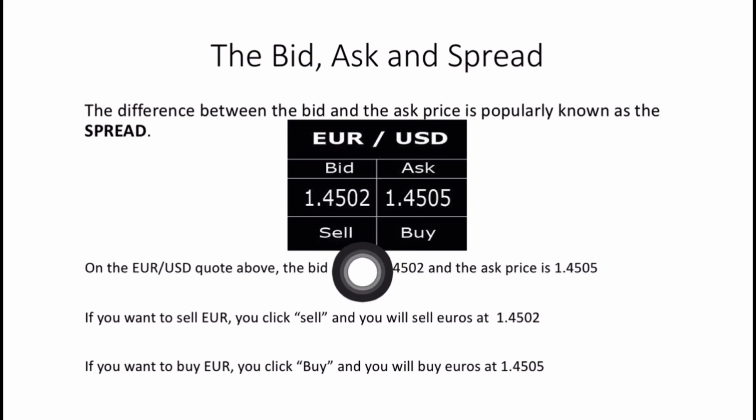As you can see here, we have Euro USD with the bid and ask. The bid is 1.4502 and the ask is 1.4505. If you want to sell euro, you click sell and you sell euros at 1.4502.